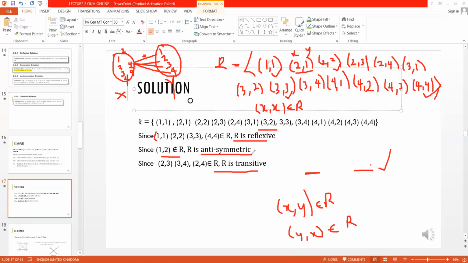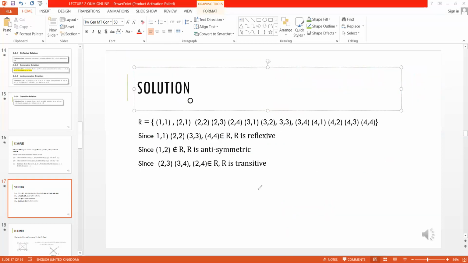Good. Now let's come to the very final condition. The final condition is transition. Transition, we said we should have 3 points.